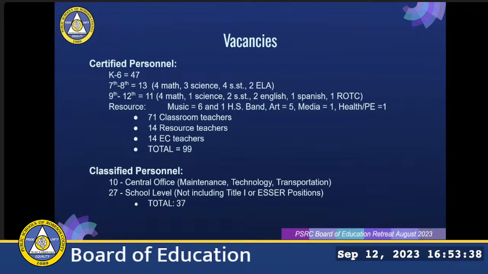Deep Branch just needed 1 music teacher at the beginning of school. And we wanted to break it down to let you know it's really not one school or one specific area. It is across the district, the vacancies. So I'll leave that with you. You can look at that, and if you have any questions, you can let me know.